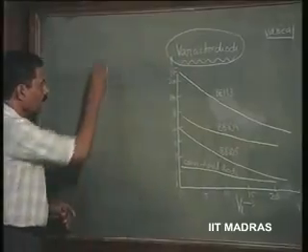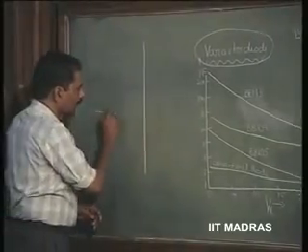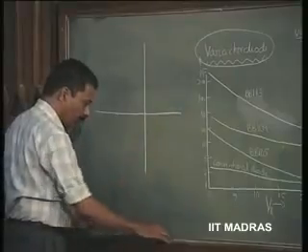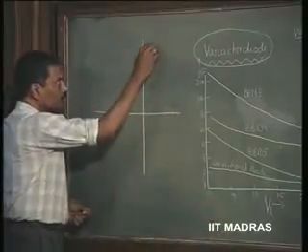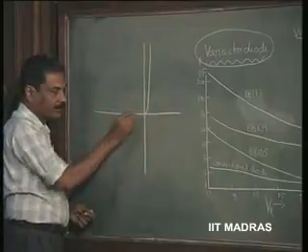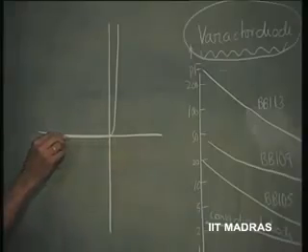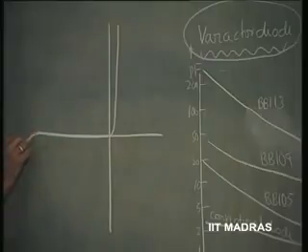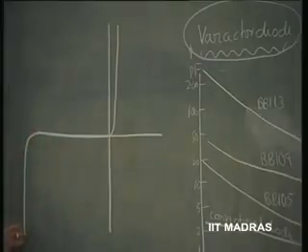The ordinary diode has the forward bias region, the reverse bias region. In the reverse bias region, we have the breakdown.